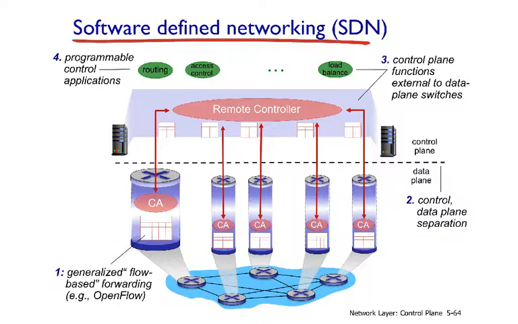In the next part, I want to share with you the four main parts of the software-defined networking paradigm. The first one is the concept of generalized forwarding. The difference between traditional IP and SDN in terms of forwarding is that in traditional IP routing, we only care about the destination IP address.